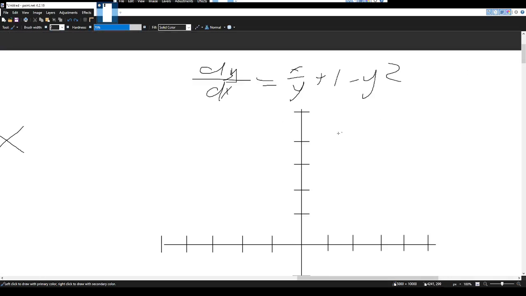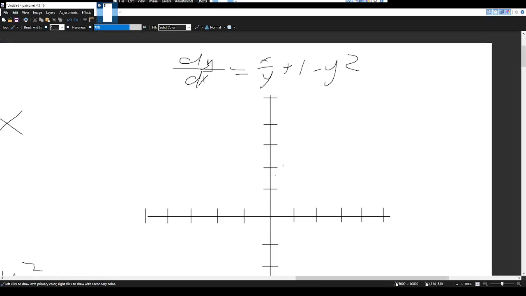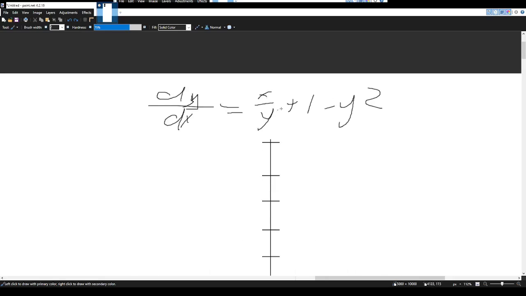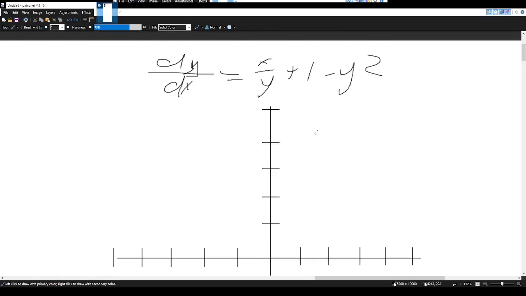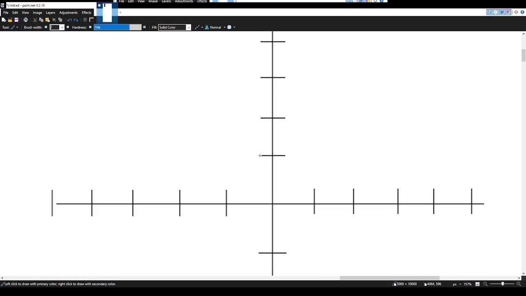It just happens sometimes. So let's see, what about 0, comma 1? If y is 1 and x is 0, that'd be 0 plus 1 minus 1 squared, so that'd be 0. So right here, the slope should be 0. I'm going to do this in red, because why not? So right here, slope 0.